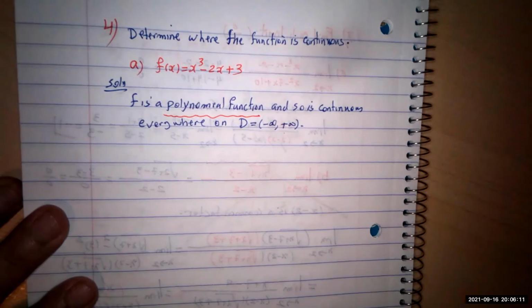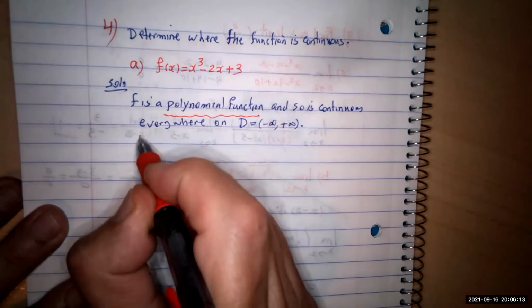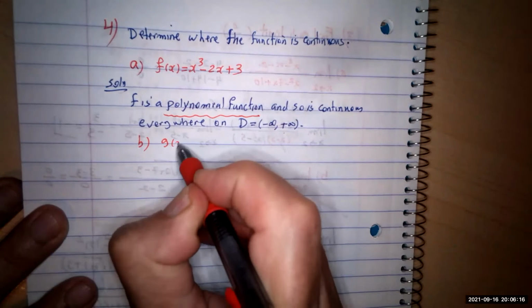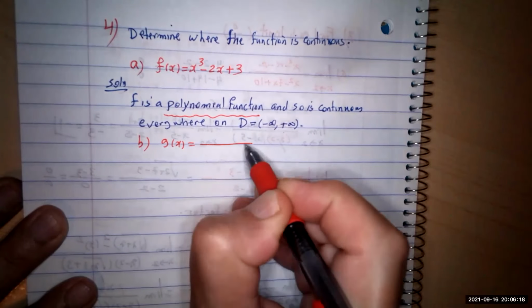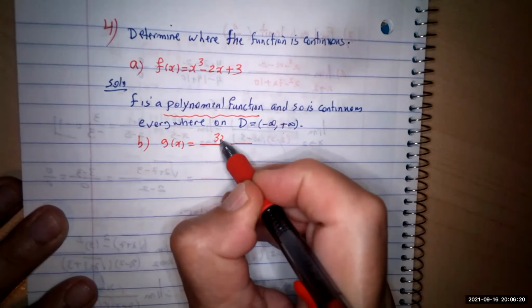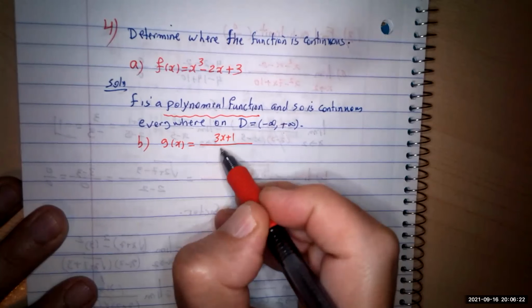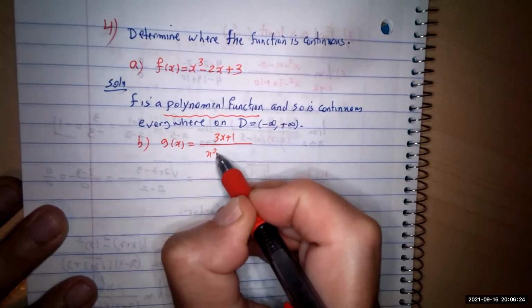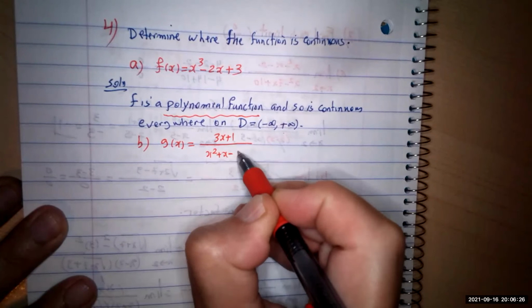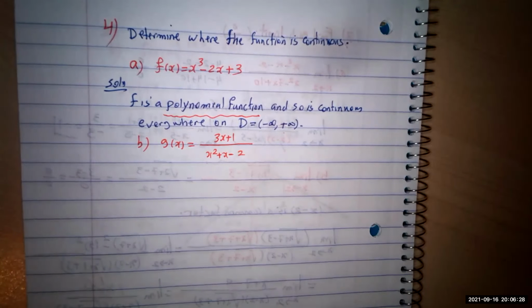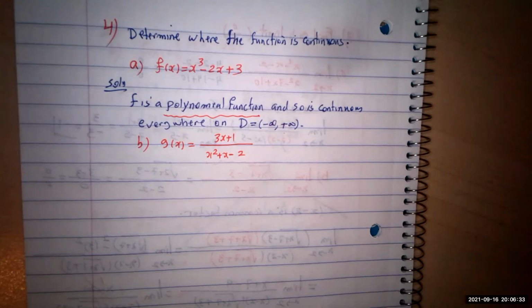So select domain. Case 2: g of x is equal to 3x plus 1 over x squared plus x minus 2. You see the top is a polynomial, 3x plus 1, it's continuous.